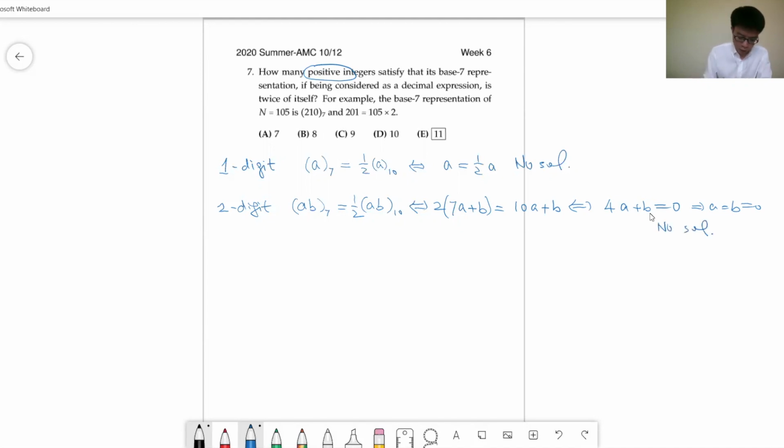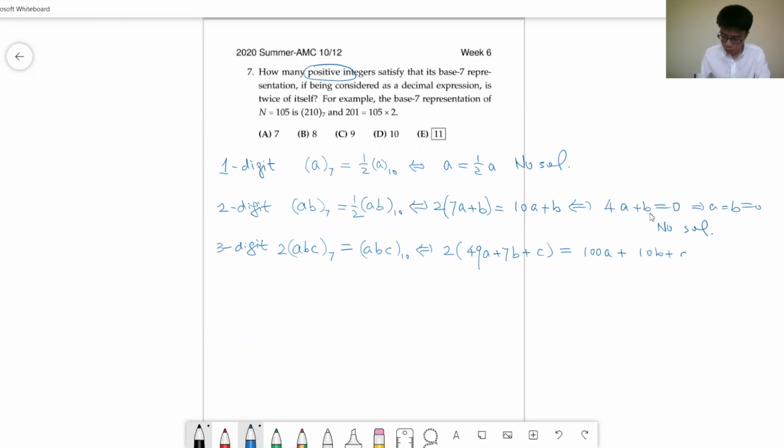Okay. Now let's come to 3-digit numbers. So we have A, B, C. If it's a base 7 representation, that's just 1/2 of the base 10 representation. So this is equivalent to twice 49A plus 7B plus C equals 100A plus 10B plus C. And let's simplify this.